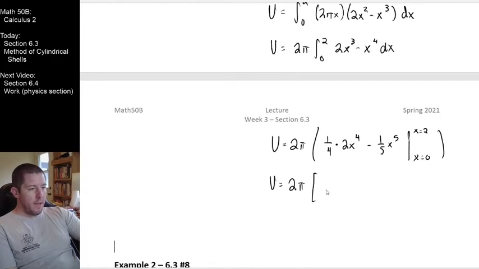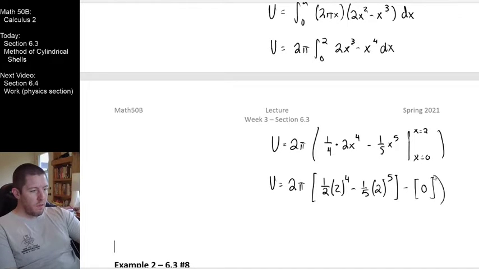So 2 pi times 1/2 times 2 to the 4th minus 1/5 2 to the 5th, minus 0, because plugging in 0 gives 0 for both components.